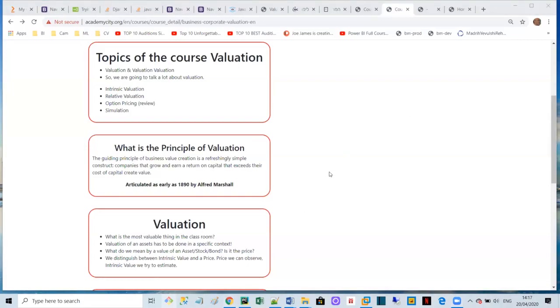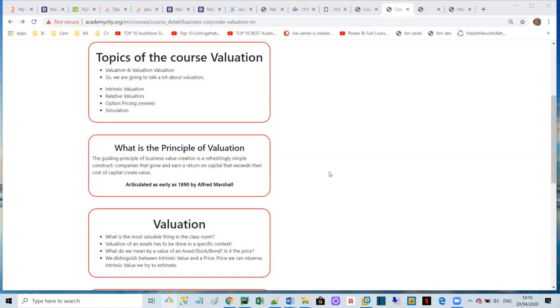Okay, so in intrinsic valuation, I will approach the valuation of the house totally differently. I would say, how much rent can I get from the house per month? If I get, let's say, $5,000 or $3,000 a month, what is the net present value of it?